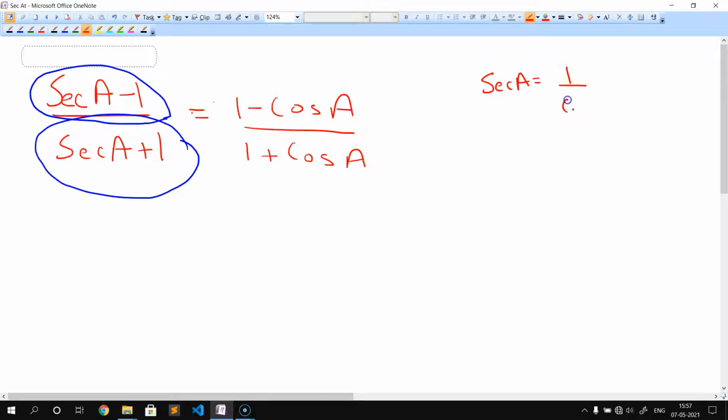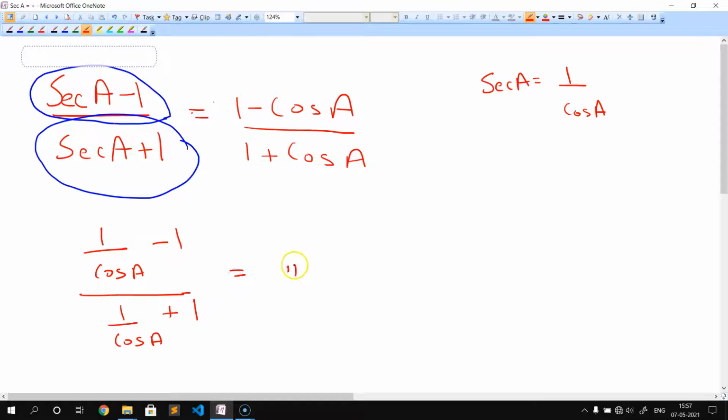Sec a equals to 1 upon cos a. So it will be (1 upon cos a minus 1) whole upon (1 upon cos a plus 1). Sorry, it's not plus, it's minus, and this will be written as it is.